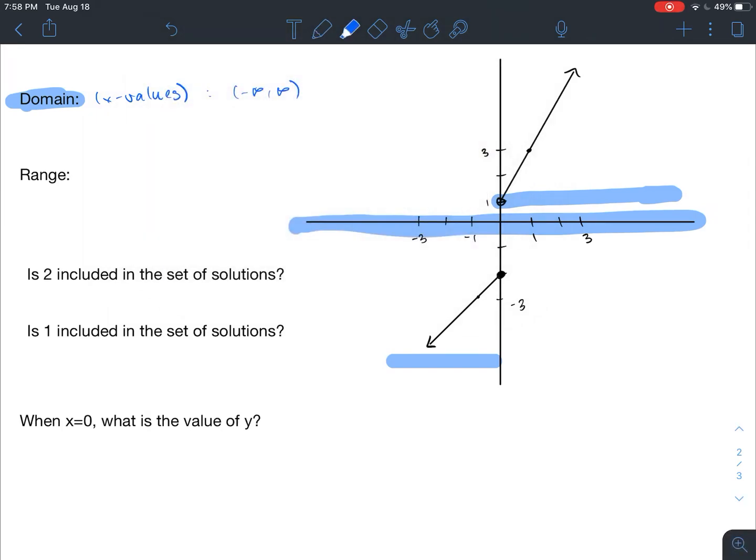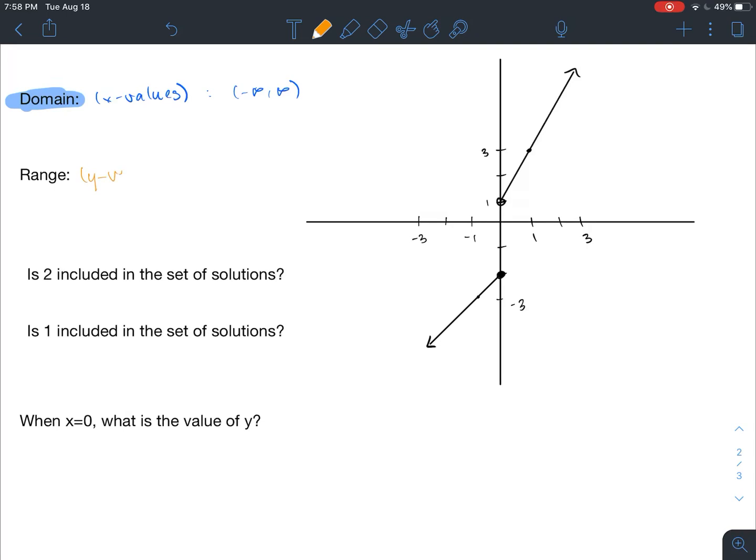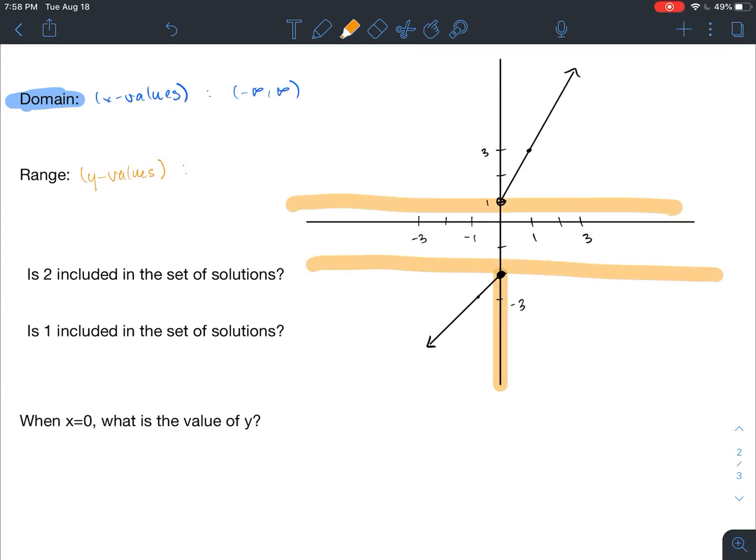Now let's talk about the range. So the range is our y values. Looking at our y-axis, you can see that the function will exist all the way up to this point, but then we have this entire section where the function doesn't exist, but then picks up right there.